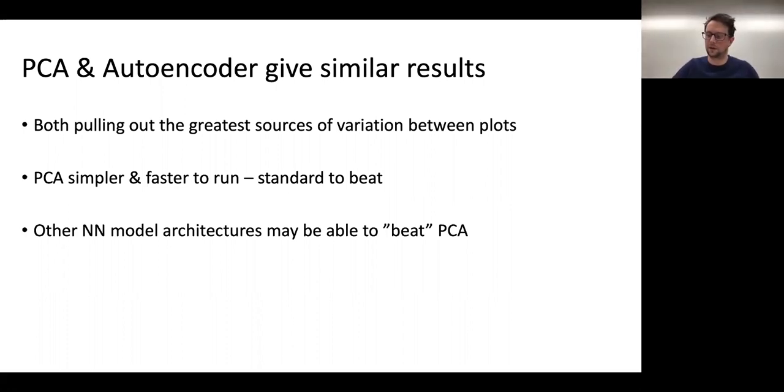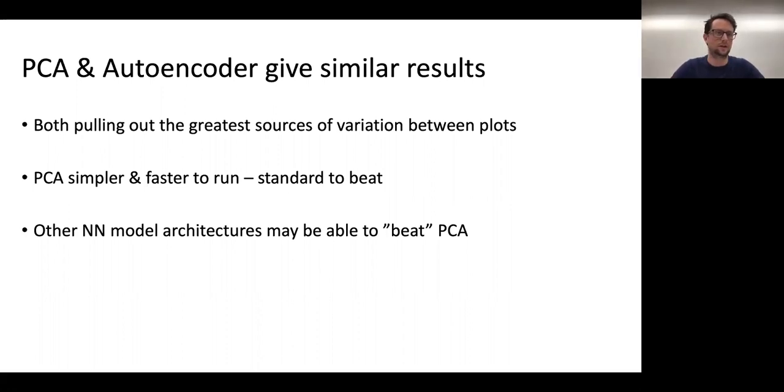And although the latent traits tend to be slightly different between the two methods, they seem to be capturing the same quantity of information. Given all of that, PCA is definitely simpler to run. It's a little more intuitive than the autoencoder. And so we consider that our standard to beat.